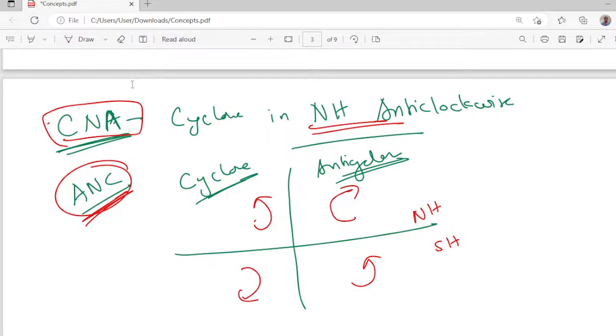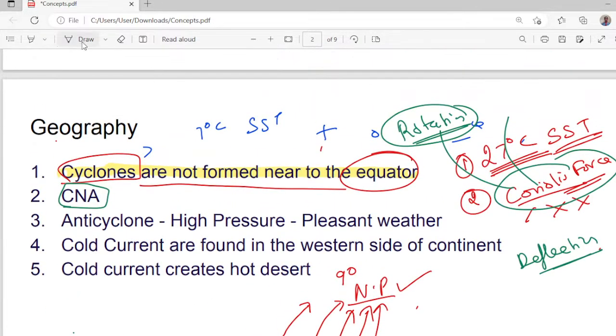Okay, so now we know two concepts in geography. What is the first concept? Cyclones are not formed at the equator, and the reason for that is Coriolis force. Then CNA decodes as: cyclone in the northern hemisphere is anti-clockwise.